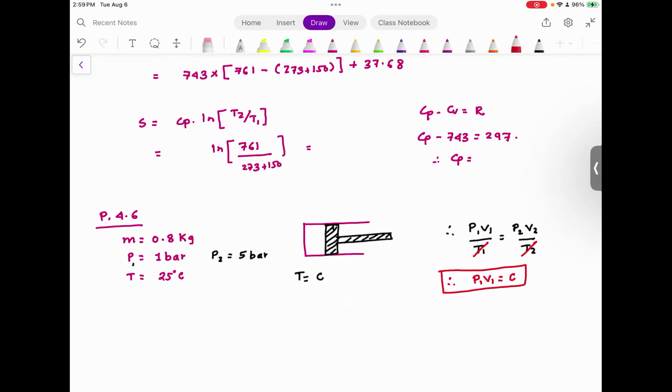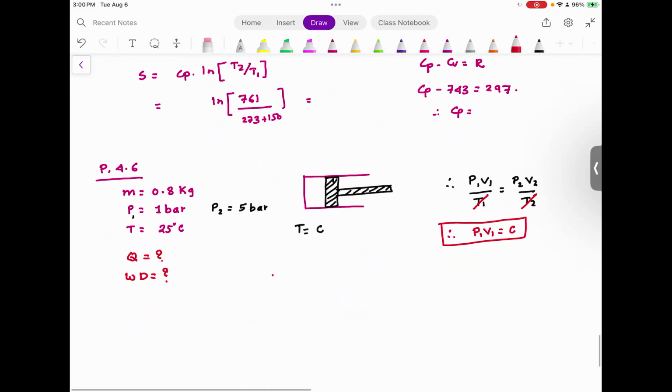Now we have to find out the work done during the constant temperature process. So we have to find out Q and we have to find out the work done. Before we actually write this, please remember, wherever you go, if it's a closed system, the first law of thermodynamics is applicable.